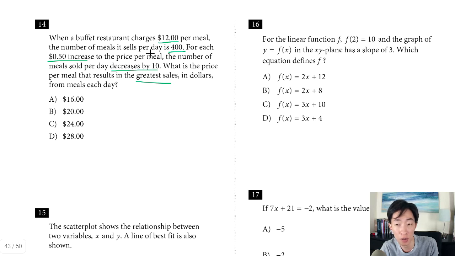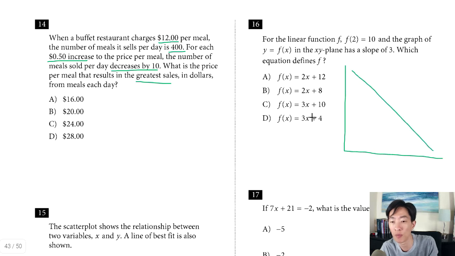So when I was looking at this first, I was trying to think visually what this looks like. It's clearly a linear function because it says as the price increases, the number of meals sold decreases. So initially I was thinking it's going to be some kind of linear function with the price down here and then the number of meals sold on the y-axis.